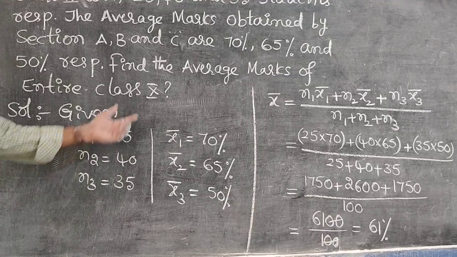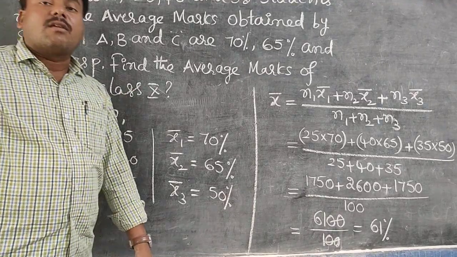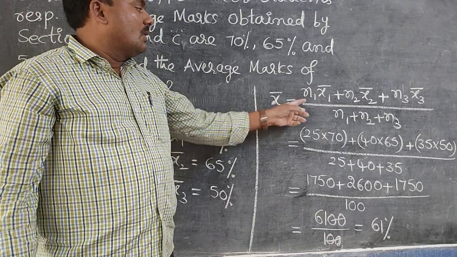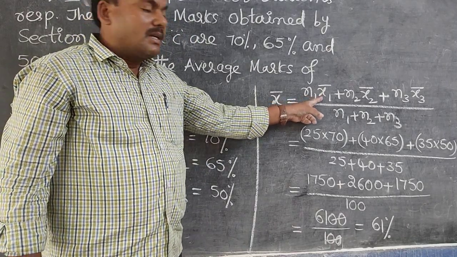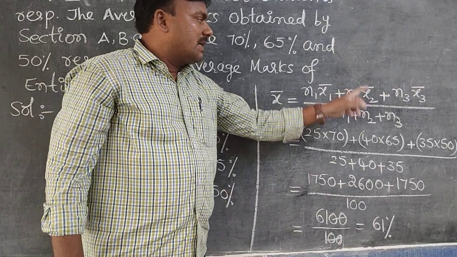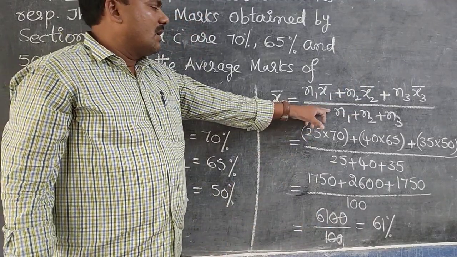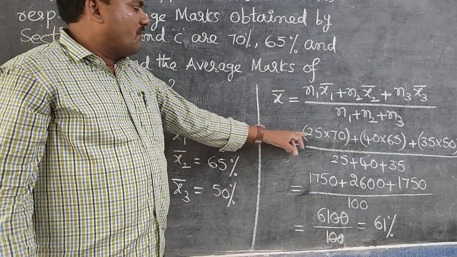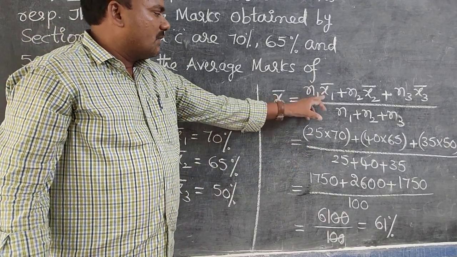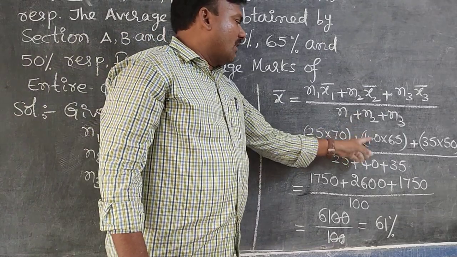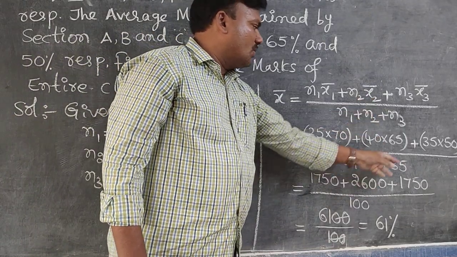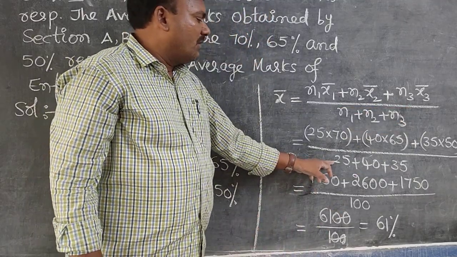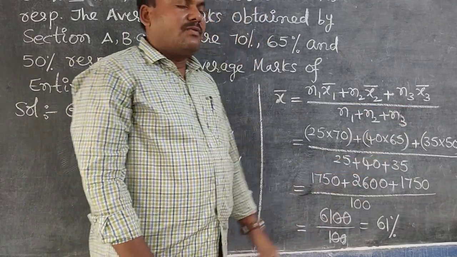We find the average marks of the entire class 10 equal to n1 x1 bar plus n2 x2 bar plus n3 x3 bar by n1 plus n2 plus n3, which implies 25 into 70 plus 40 into 65 plus 35 into 50 by 25 plus 40 plus 35.